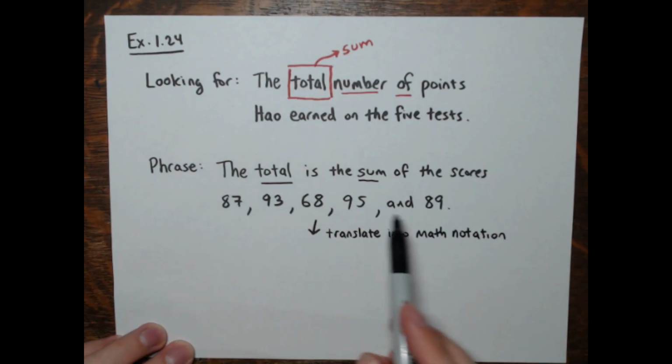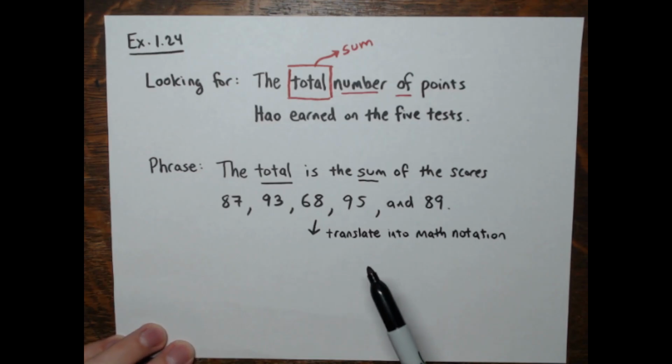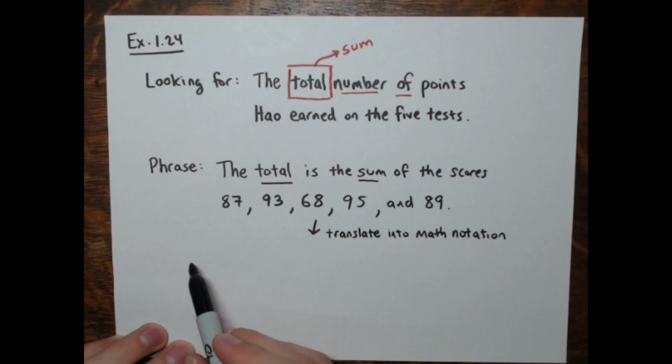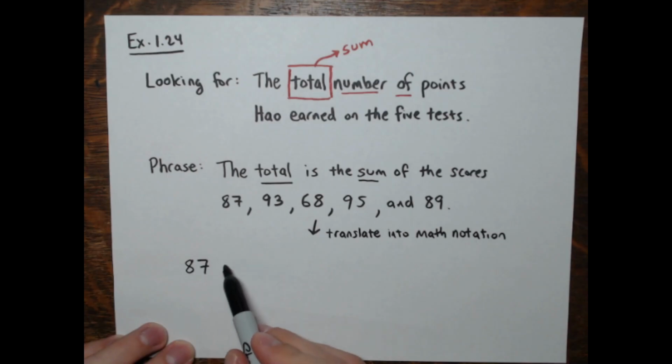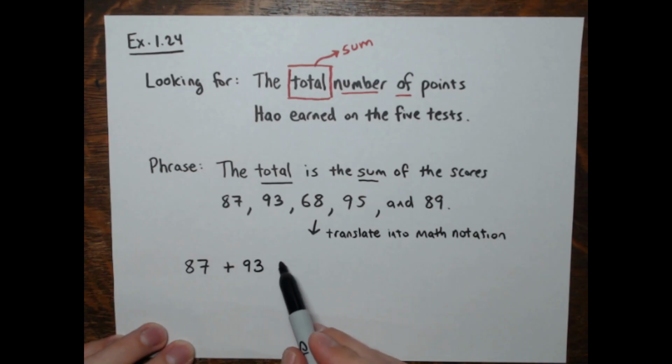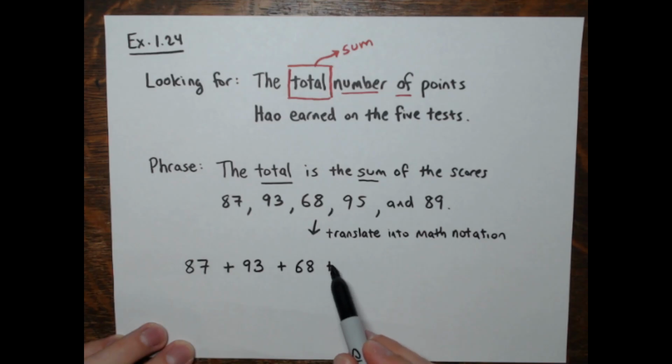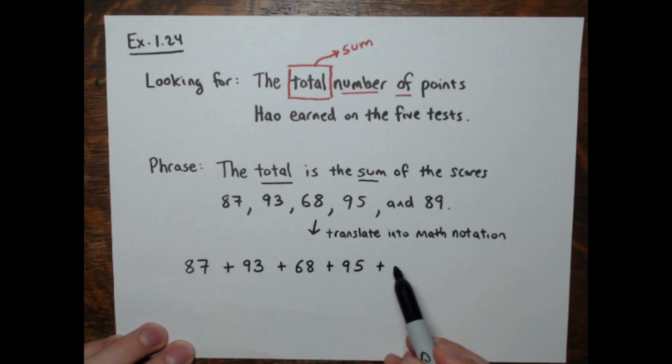All right, so how do we represent a sum or a total? And that's just with the plus signs, right? The total of all these scores is 87 plus 93 plus 68 plus 95 plus 89.